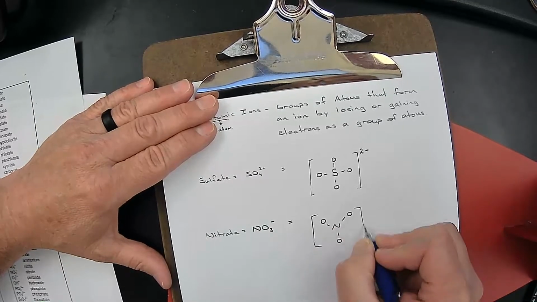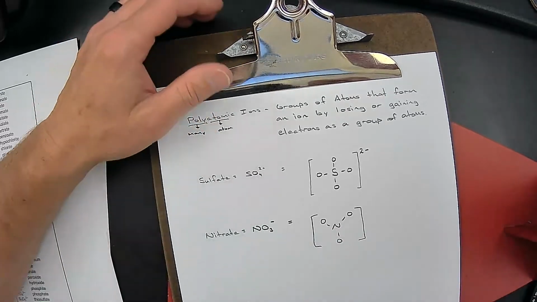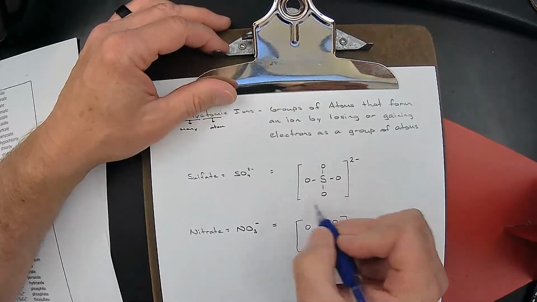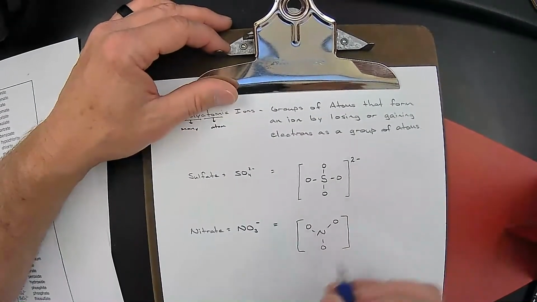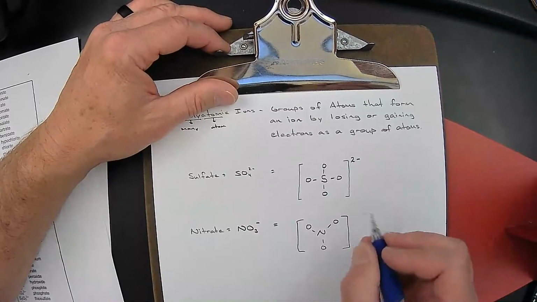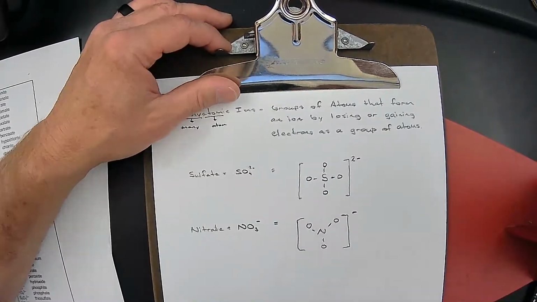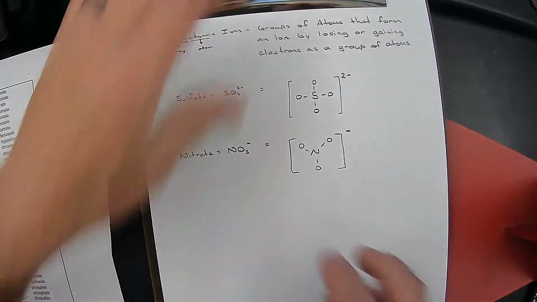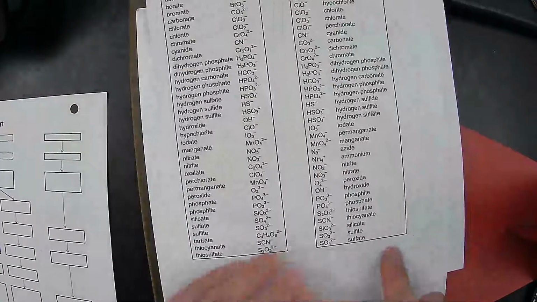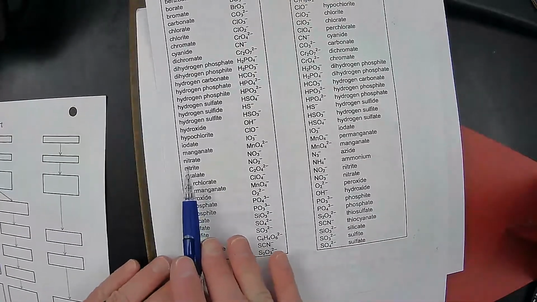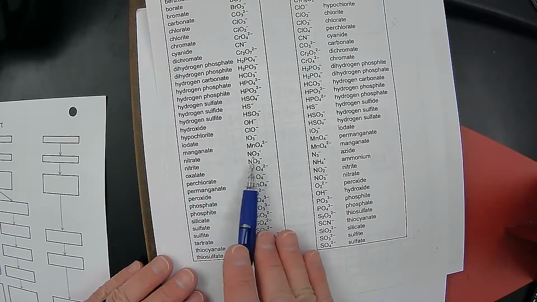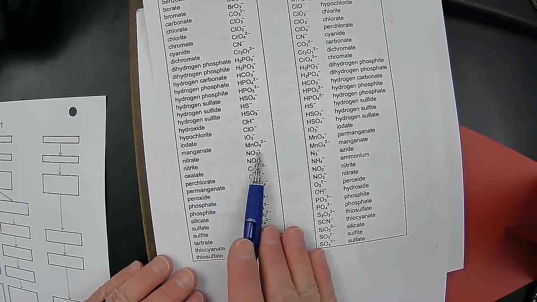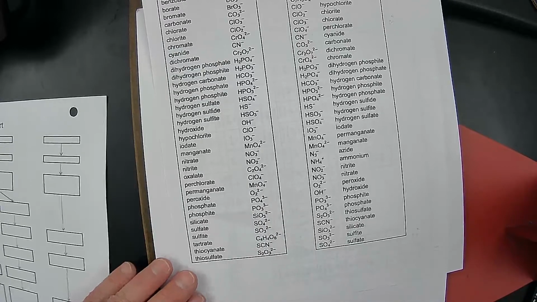For some reason, and we will learn this next unit, SO4 wants to gain 2 electrons, but NO3 only wants to gain 1 electron. This is not something that we will need to memorize. We will be able to use this chart, look up the name nitrate, look up NO3, and see that it is a 1 minus charge.